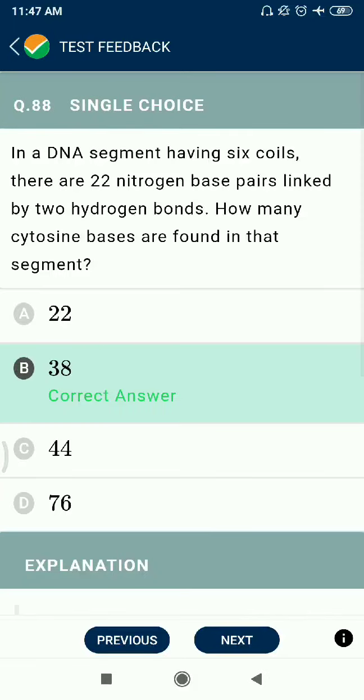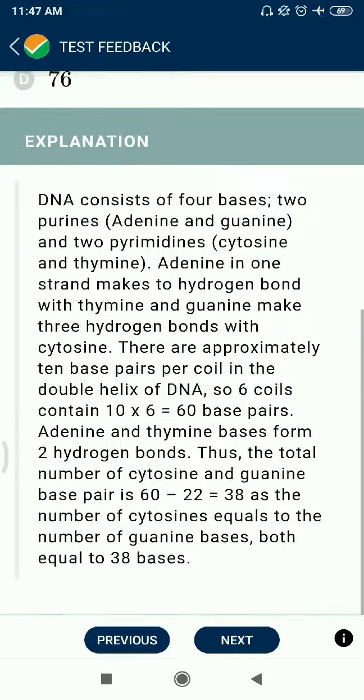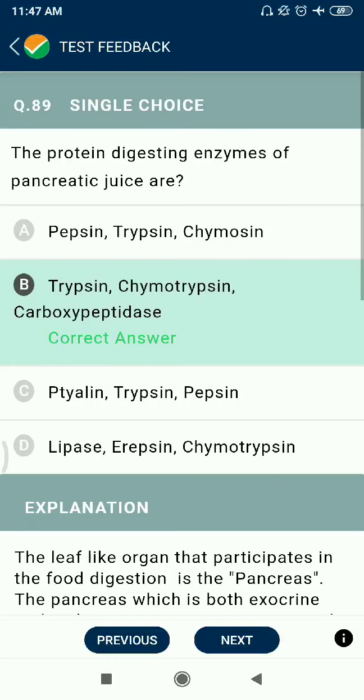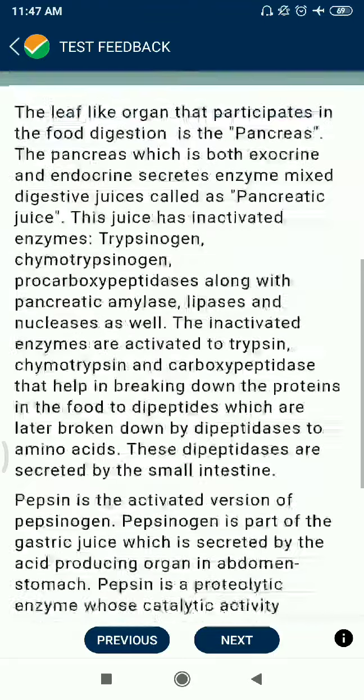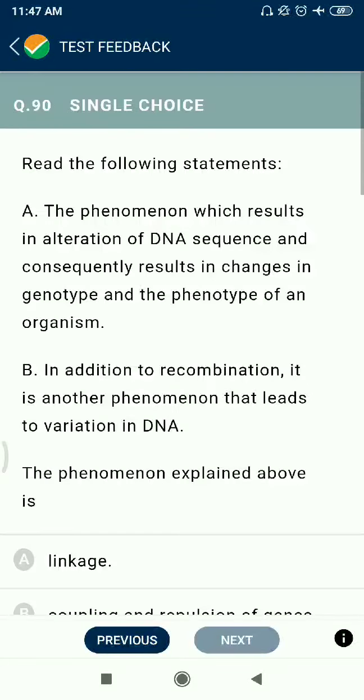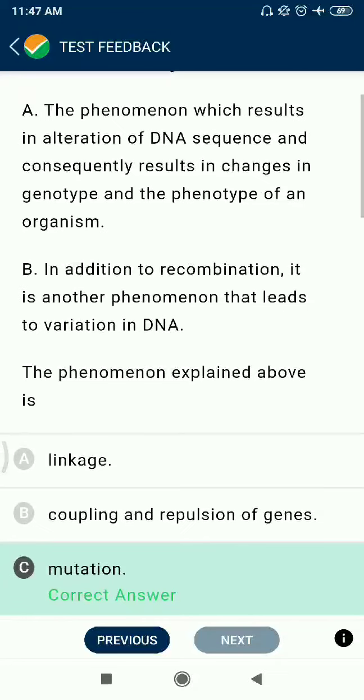Question number 88. In a DNA segment having 6 coils, there are 22 nitrogen base pairs linked by 2 hydrogen bonds. How many cytosine bases are found in that segment? 38. Question number 89. The protein digesting enzymes of the pancreatic juice are trypsin, chymotrypsin, carboxypeptidase. क्वेश्चन नंबर 90. स्टेटमेंट करेक्ट चूज करना है.